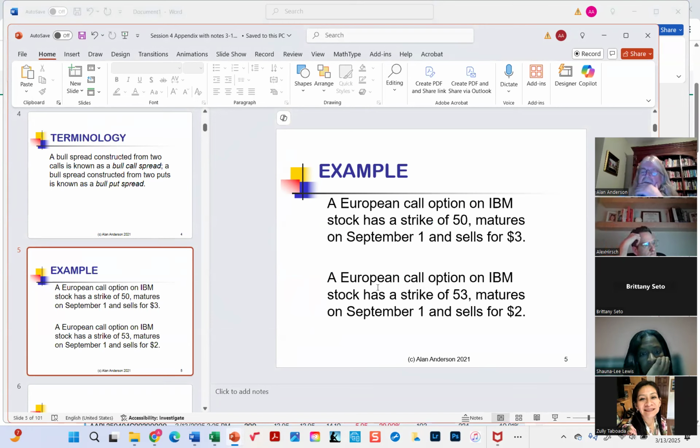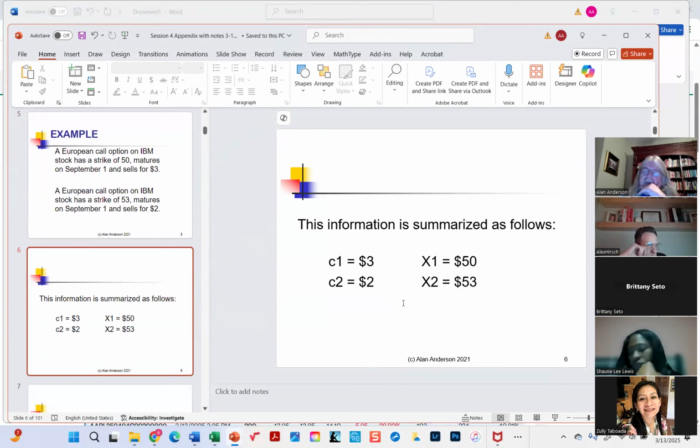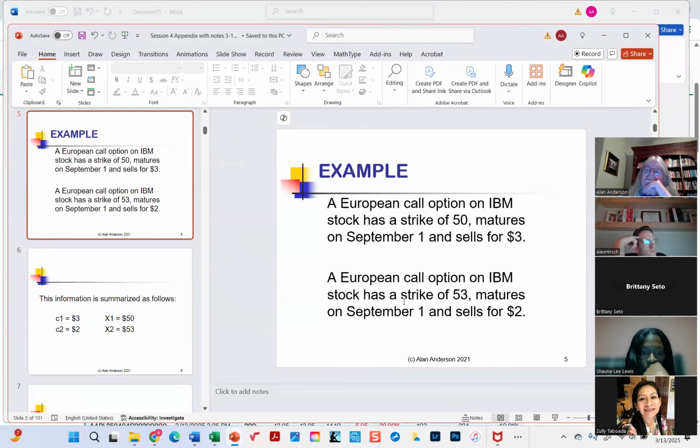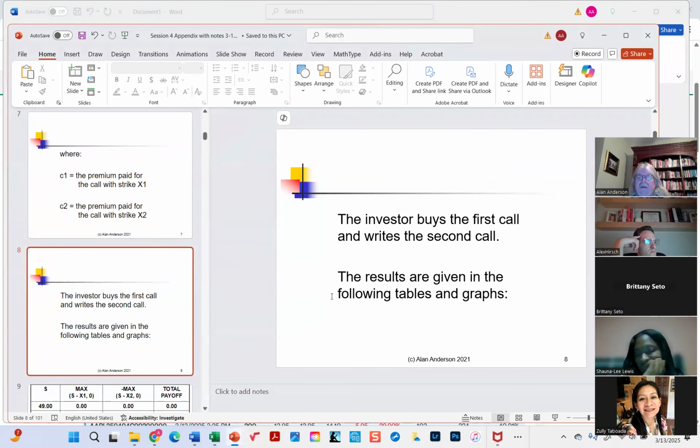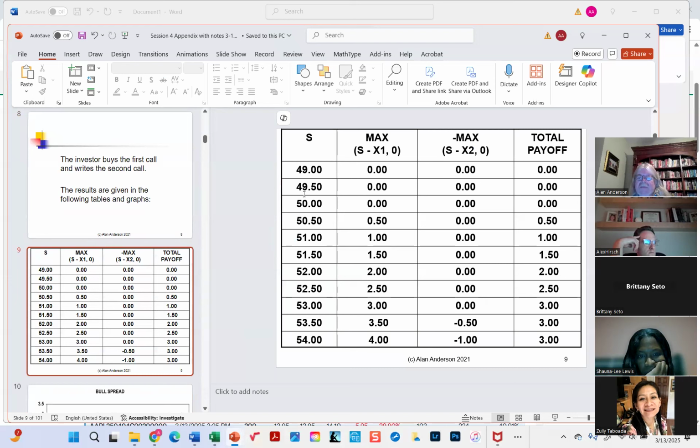Okay, so here's what we're going to do. We're going to buy the first one and write the second one. To keep them separate, the first option we'll call call one, with premium C1 and strike X1. The second one, the call, we'll call the premium C2, and the strike is X2. Great. So now here's the table and here are the stock prices.